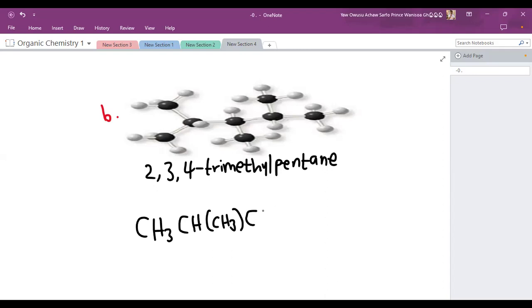And the fourth one too. And then the last one, CH3. So this completes our structural formulas.